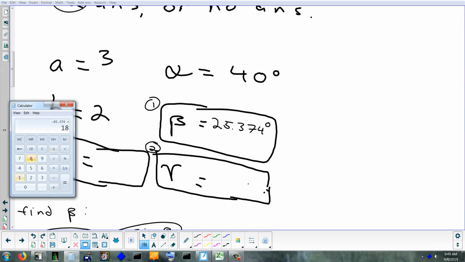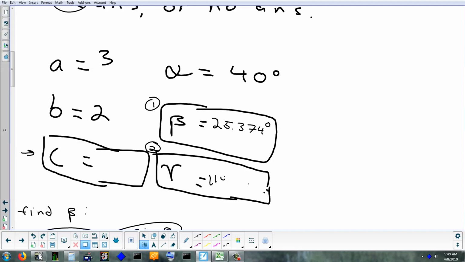Subtract it from 180. And I get 114.626. Now I finally have a piece of information in the last row. It's not empty anymore. And that piece of information for gamma will allow me to find what? C. C. And that's always the order you have to do it in.